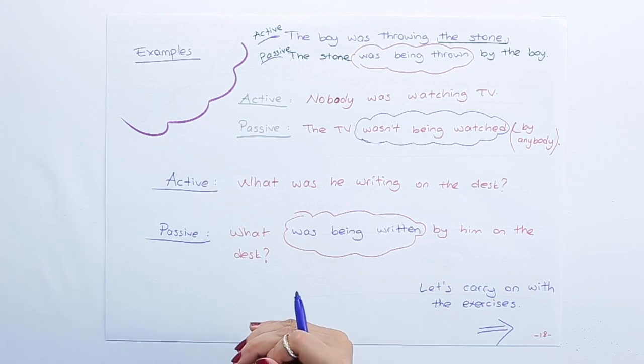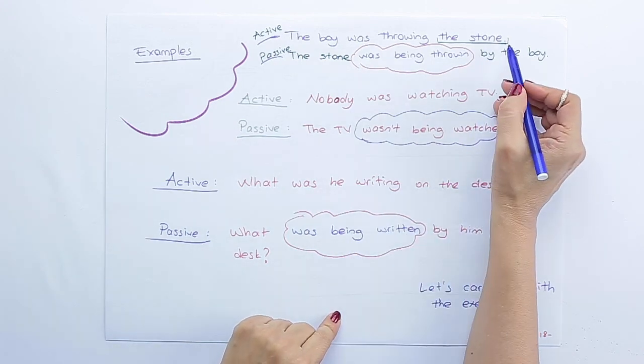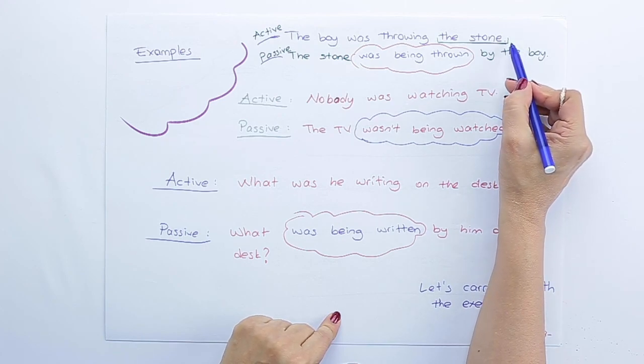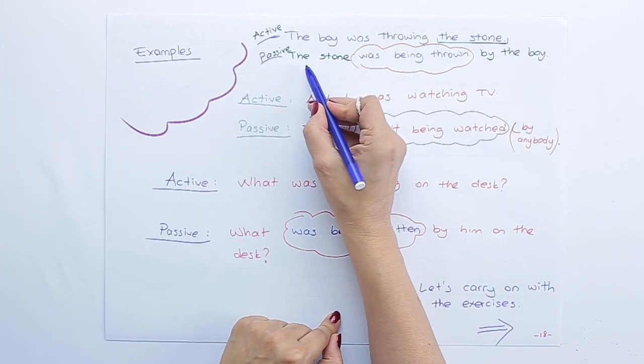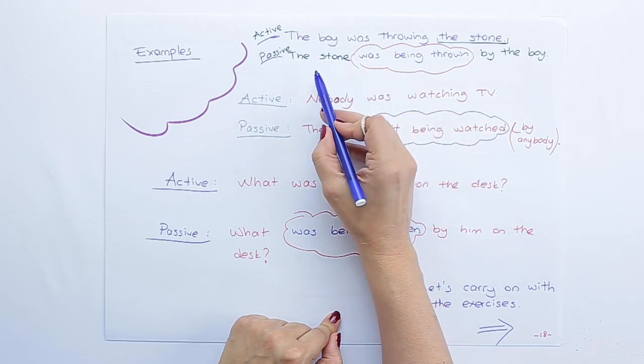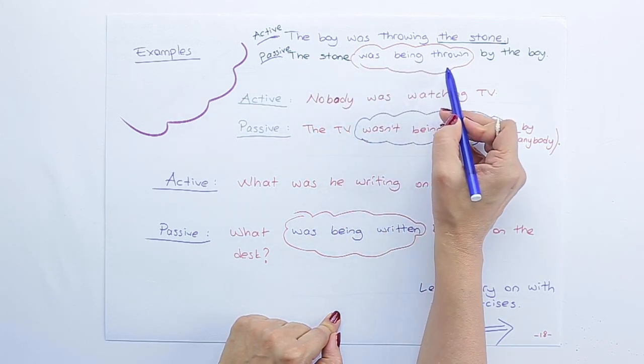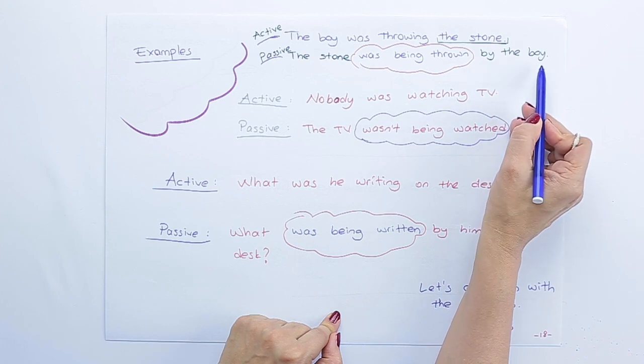Now, look at the active sentence. The boy was throwing the stone. The stone is my object in active sentences. In passive, the stone is my subject. Now, the stone was being thrown by the boy.